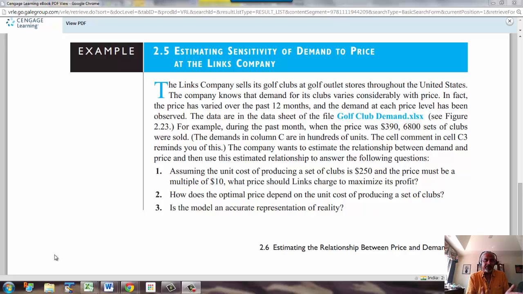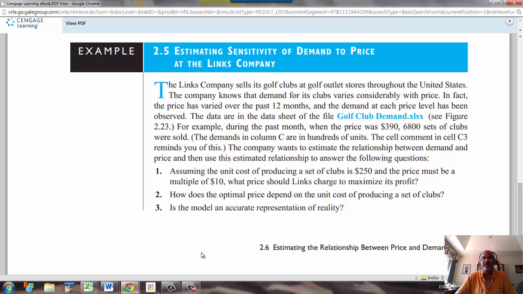Now we want to set up a demand equation for price. We'll look at three different possible demand functions and then select among those three the best fit function, and use that best fit function to set up a profit model and do some sensitivity analysis with that profit model.